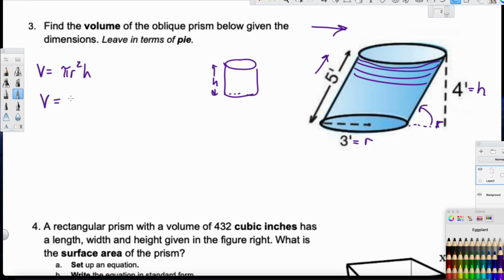So V equals pi times r squared times 4. Now this says leave in terms of pi, so that means we're not multiplying through by pi on our calculator, and we're just going to leave it in the answer. So let's just simplify this part. 3 squared is 9. 9 times 4 is 36, so I'm going to write 36 pi, and then our units would be feet cubed.